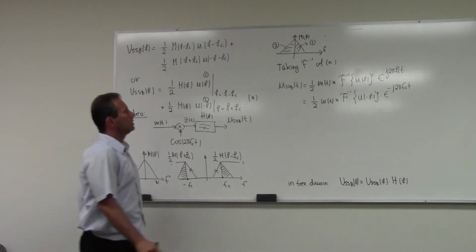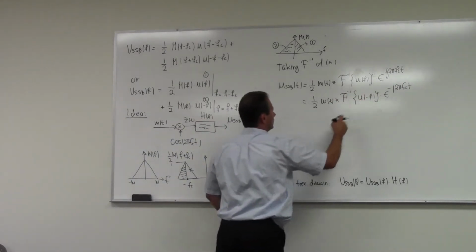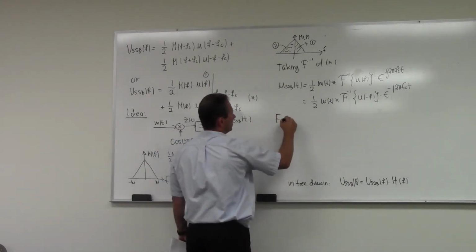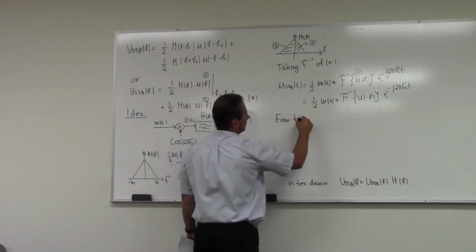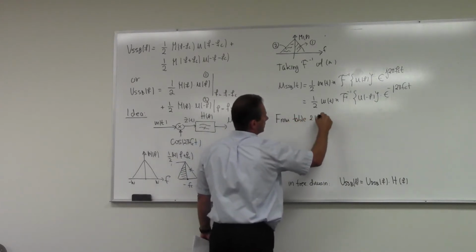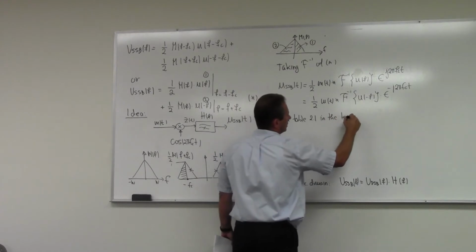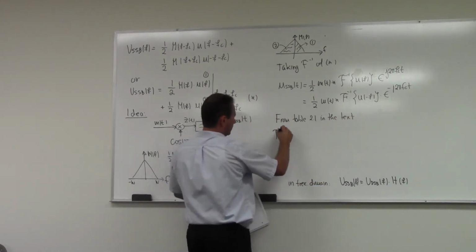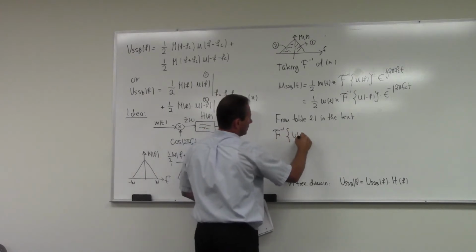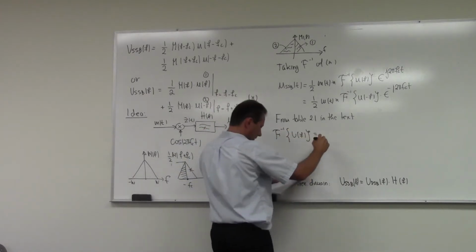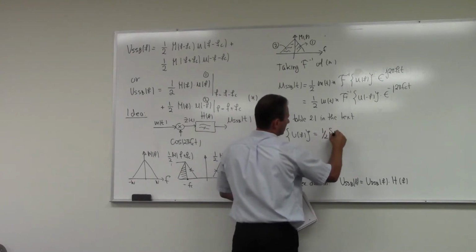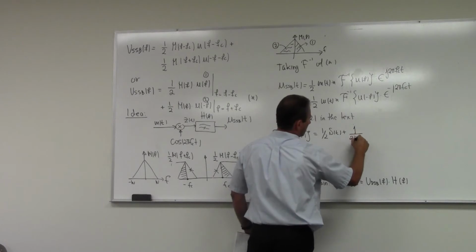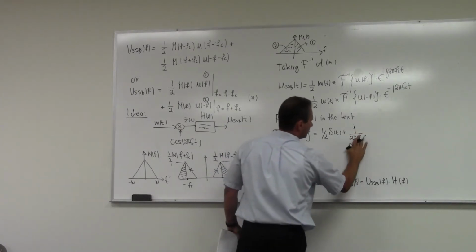So now, what is the inverse Fourier transform of this? From table 2.1 in the text, you can easily find out that the inverse Fourier transform of u of f is going to be 1/2 delta of t plus j over 2 pi t.